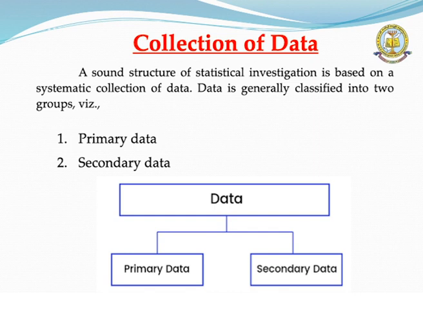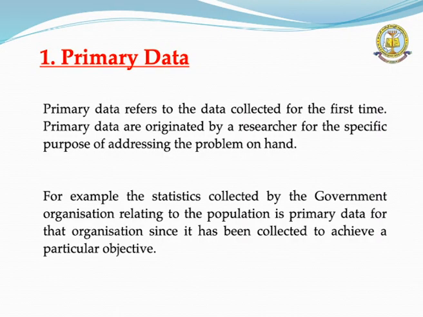Data is generally classified into two groups, that is primary data and secondary data. Primary data, the name itself includes primary. Primary means first. So, the definition is also the same: primary data refers to the data collected for the first time.